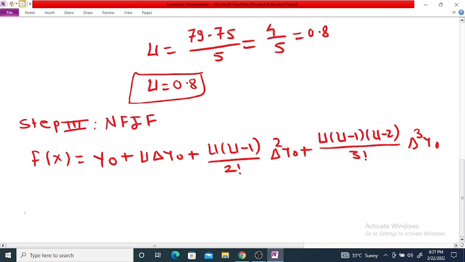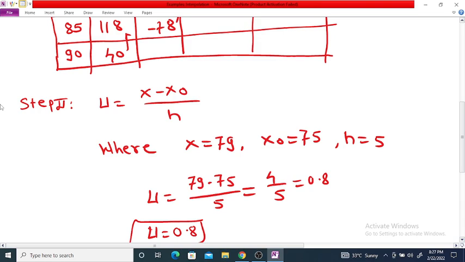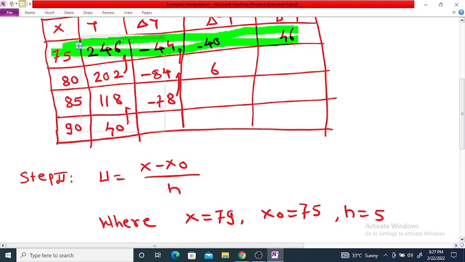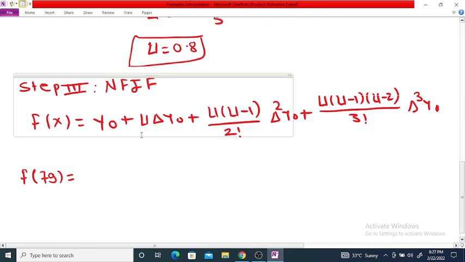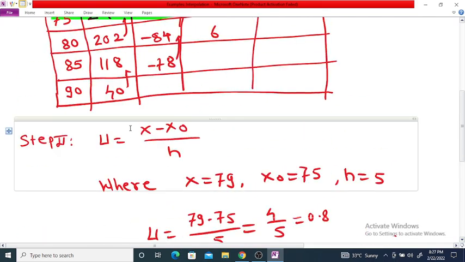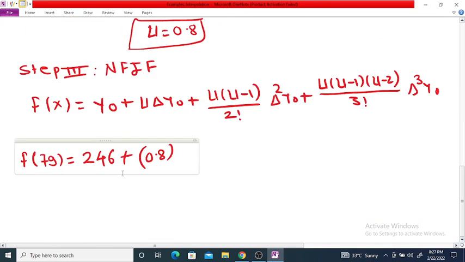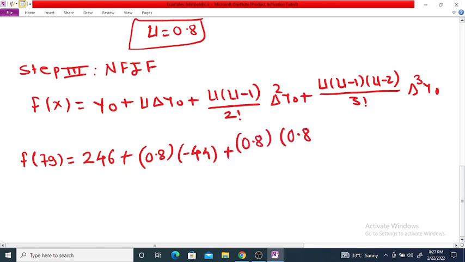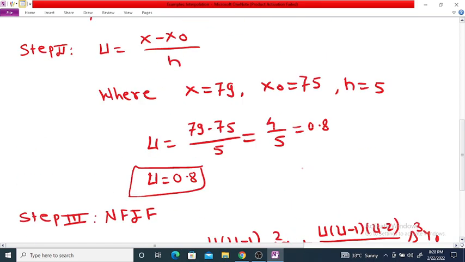So now put all these values, f of x, that is f of 79, is equal to y0. The y0 is the value at x0, which is 246. So this is 246 plus u, 0.8, into delta y0. So what is delta y0? Minus 44, plus 0.8 into 0.8 minus 1 divided by 2 factorial, which is 2, into delta square y0.